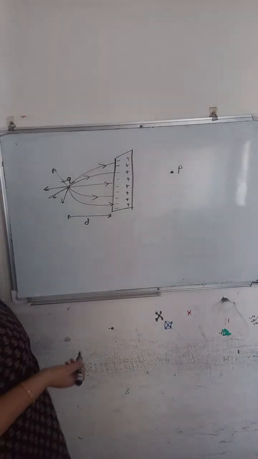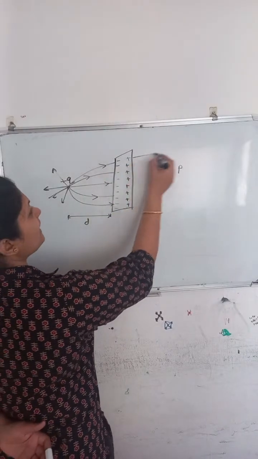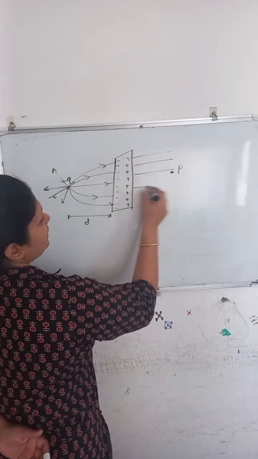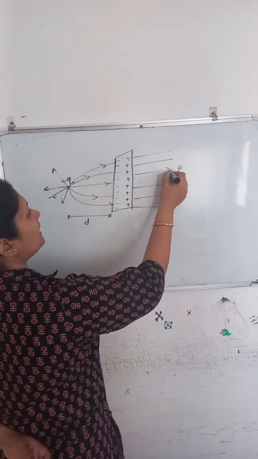And again these lines go towards the point P. So this is the normal direction.